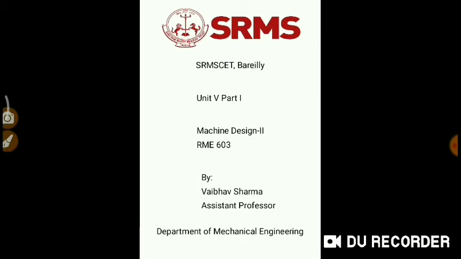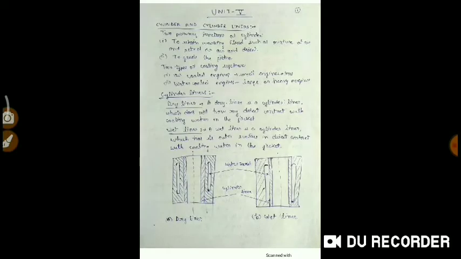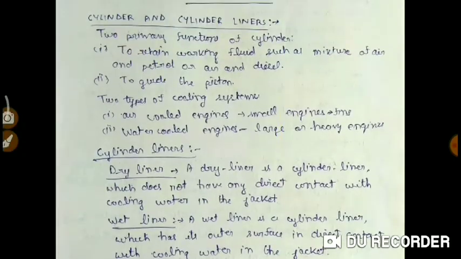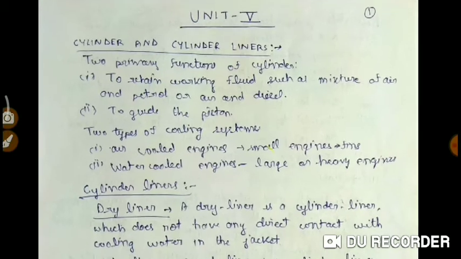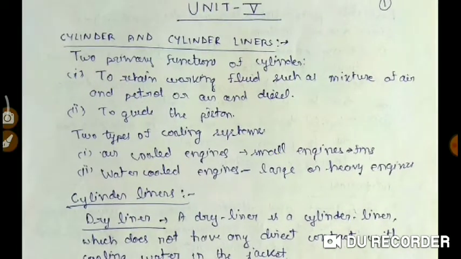Here we have the simple cylinder and cylinder liners. First topic is about cylinder and cylinder liner. So what are the cylinder liners? Cylinder liners are the components that surround the cylinder, and they act as the water jackets.